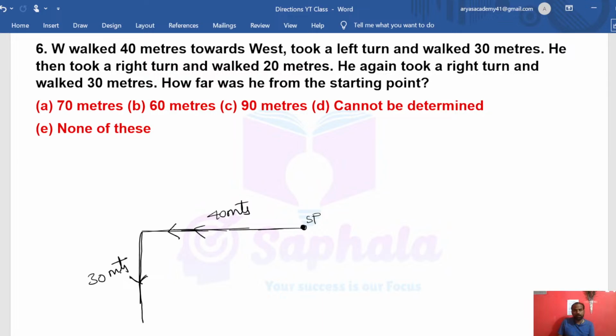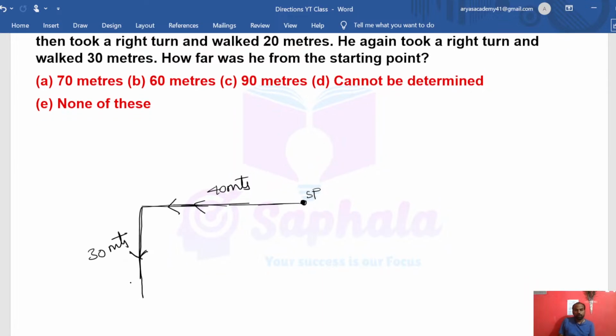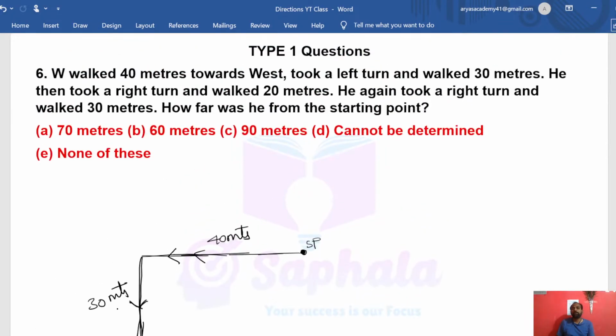Now he took a right turn and walked for 20. When you are going towards south and you take a right turn, obviously you will be moving towards west. The distance is 20 meters. Then finally he again took a right turn and walked for 30.